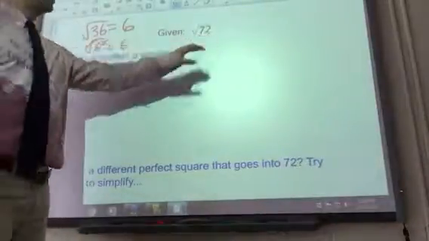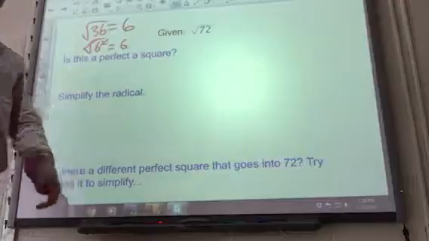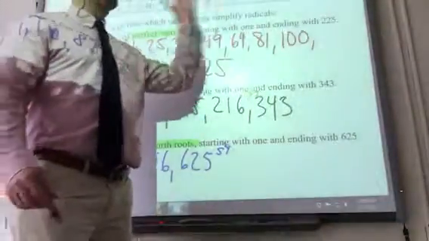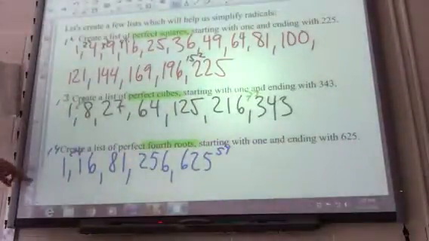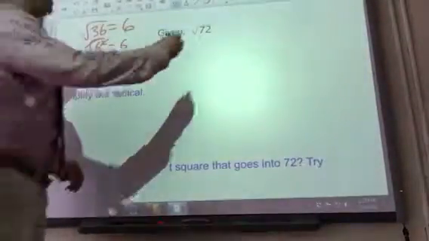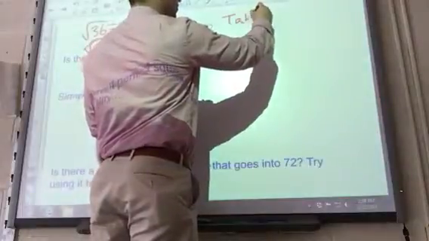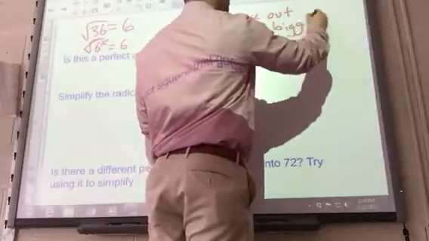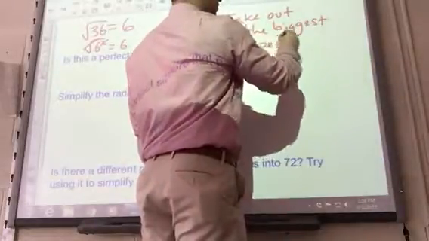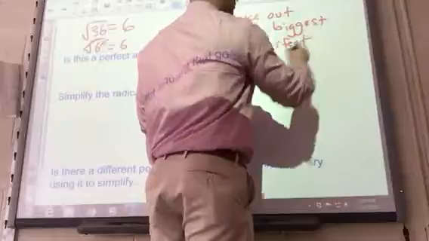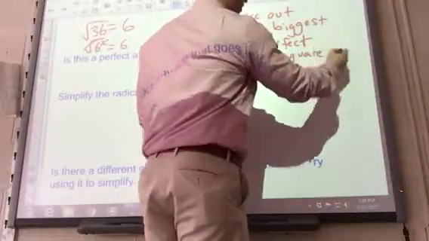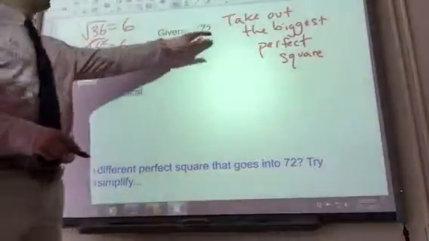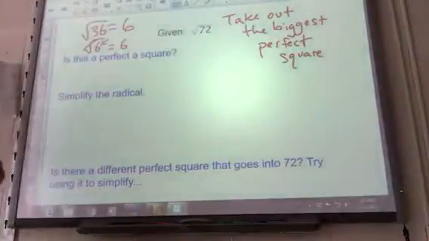But what if we don't have a perfect square? 72 is not, because if you look at your list, you go 36, 49, 64, you skip 72. It's not a perfect square. So what we look to do is take out the biggest perfect square. So what we do is we try and find what perfect squares are divisible into 72.